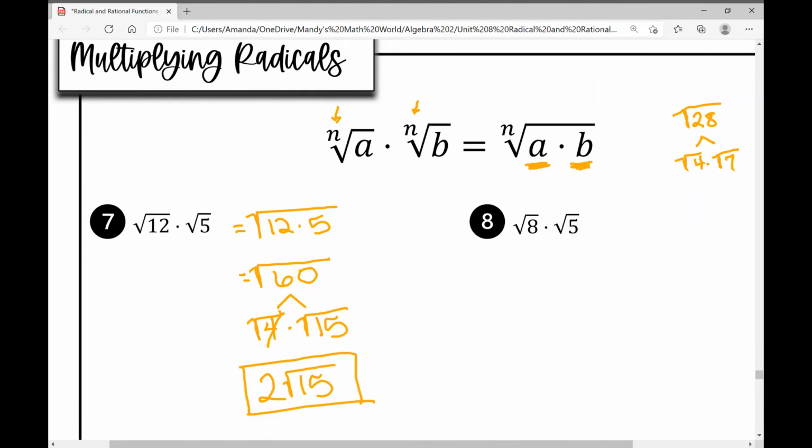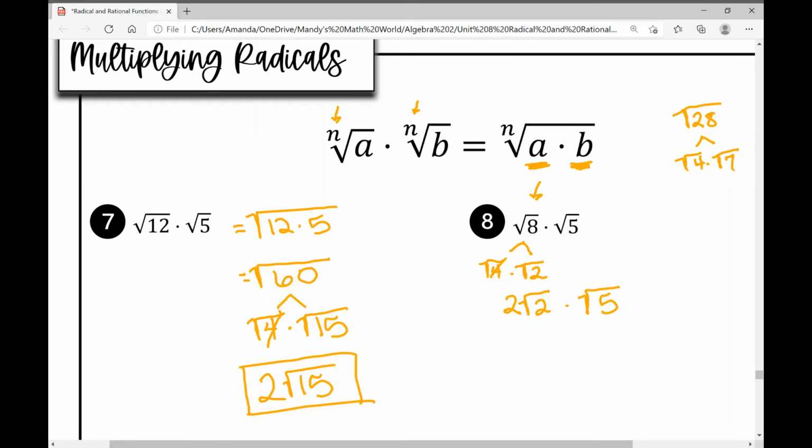You can always simplify before you multiply. Okay, so I can do it just how I did it, right? 8 times 5, that's 40, the square root of 40, and then I can break that down. But what I'm going to show you is you can simplify before you multiply. So the square root of 8, the biggest perfect square that goes into 8 is 4. I can rewrite that as square root of 4 times square root of 2, which is 2 square roots of 2 times the square root of 5.